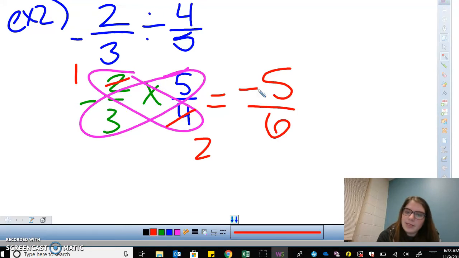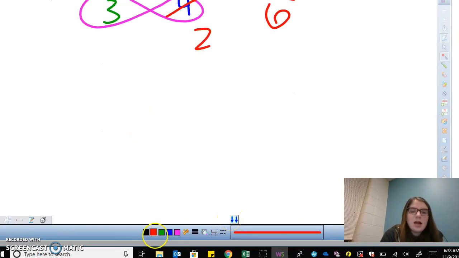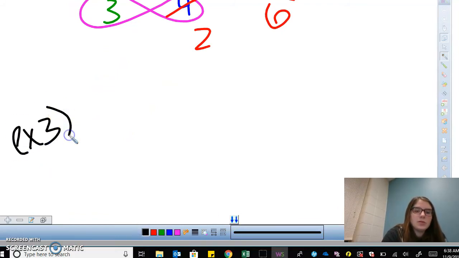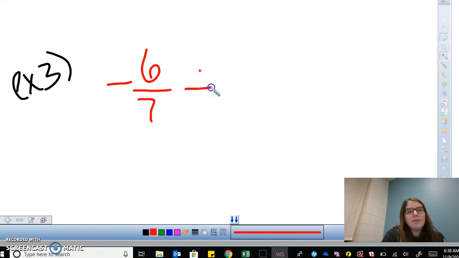I'm going to go through one more example. Hopefully this time I remember it's division and not multiplication. All right, so example 3. Let's scroll down our screen a little bit. All right, so if I had a negative 6/7 divided by 2/3.